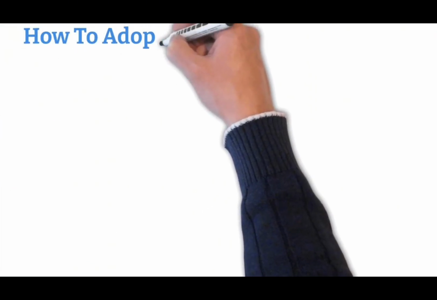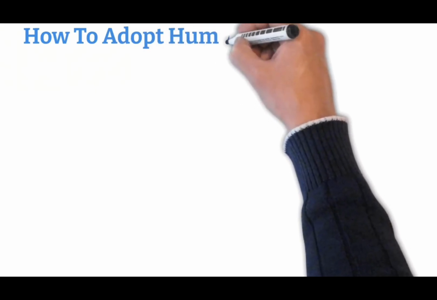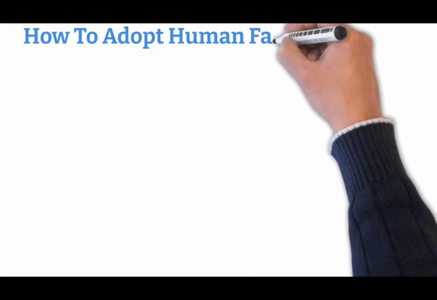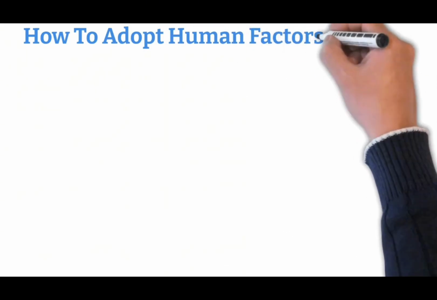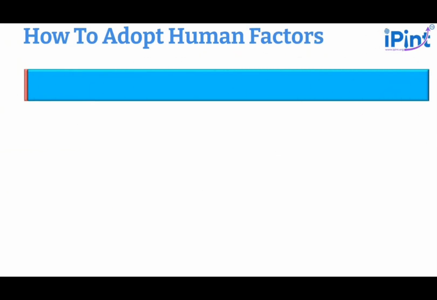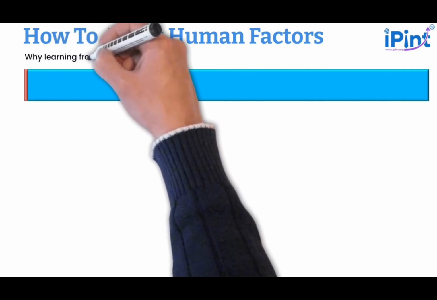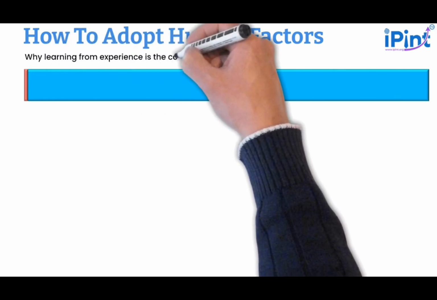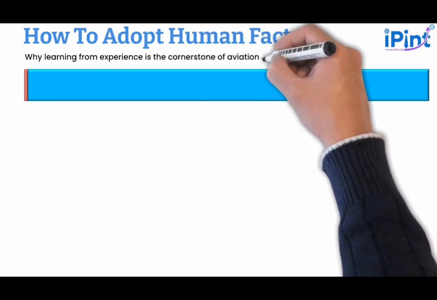Now it is time to discuss how to adopt human factors. Let's start with the most fundamental question in this training. Why do human factors matter? The answer is simple but powerful. The most important human factor in aviation is our ability to learn from experience and from our mistakes.